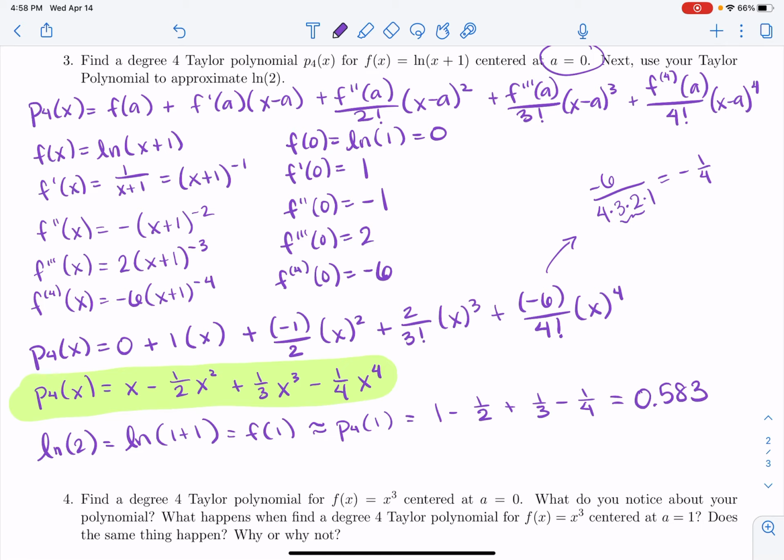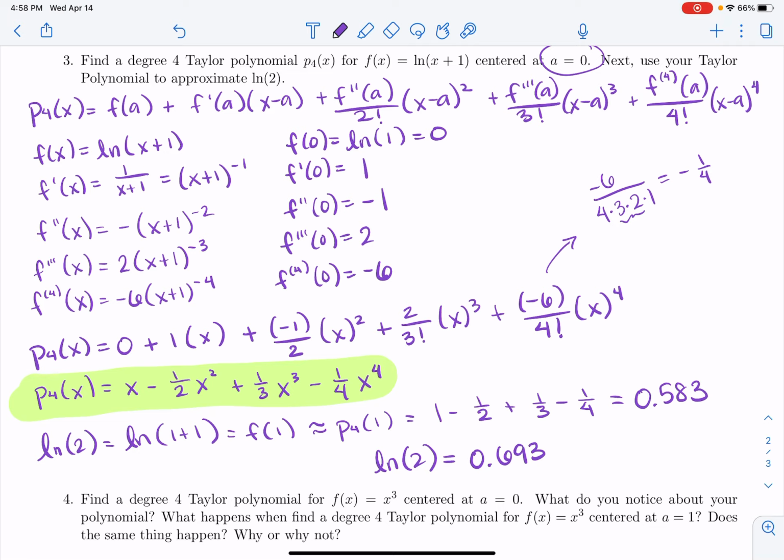Now let's see how good of an approximation this is. Natural log of 2, if I plug it into my calculator just to check, is equal to 0.693. So is it close? It's roughly close.